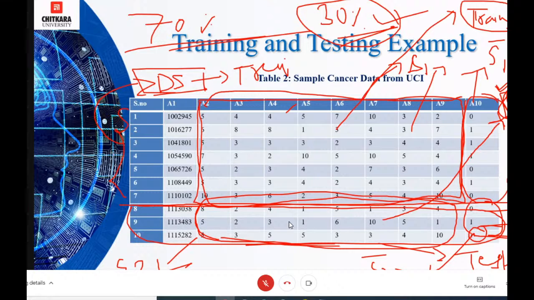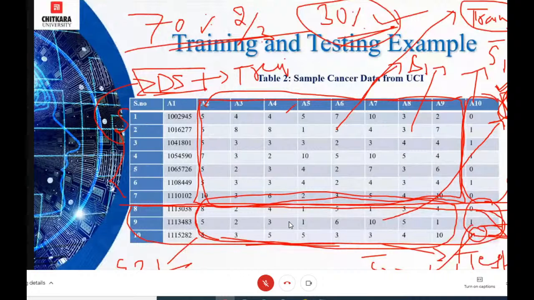For example, in case of 0, our machine produces 1, but in case of 1 and 1, it produces 1 and 1. It means out of 3, 2 occurrences are correct. It means 66.66% is the accuracy of our model. Like this, we can train and test the data.